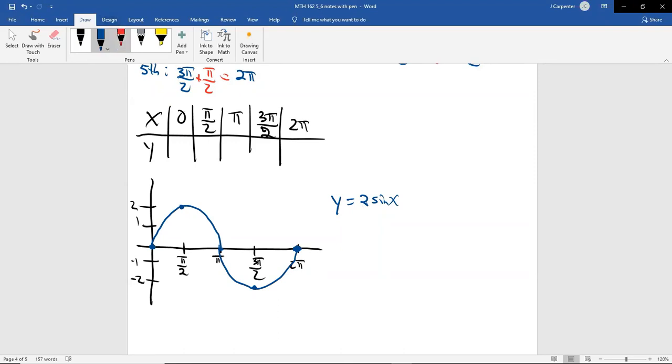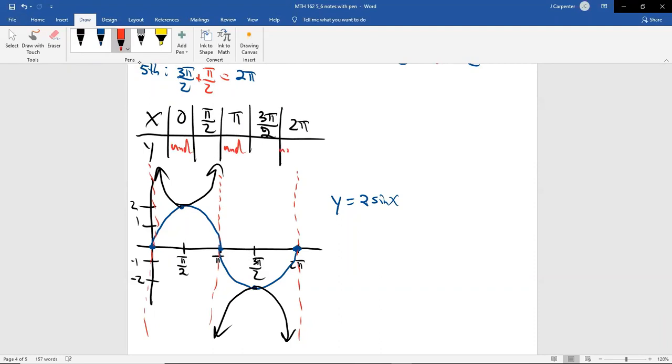But then what we do is we draw asymptotes wherever this was 0, which is right in the center of our single wave, and then on the ends. And then we draw little quadratics stemming from those. So that's what the graph should be. So we know this is undefined, undefined, undefined.